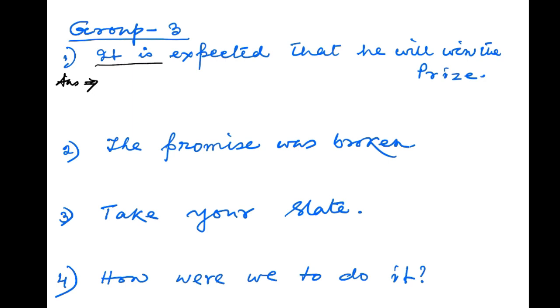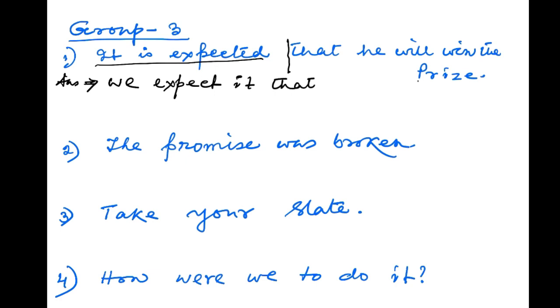First one is, it is expected by whom, that is understood. You have to supply the subject, and next you will do the rest of the part, that he will win the prize. I will change the first part first. It is expected is a passive form, so take a subject, not a verb, sorry, that we expect it. We expect it. Now that is the conjunction, the connective.